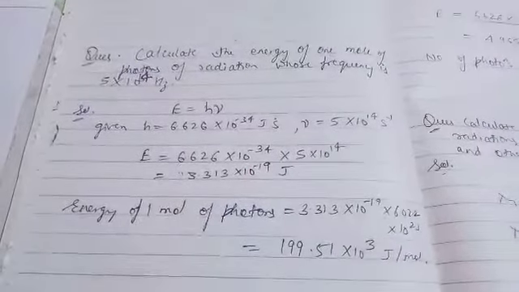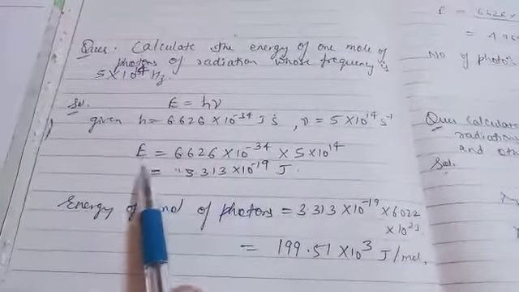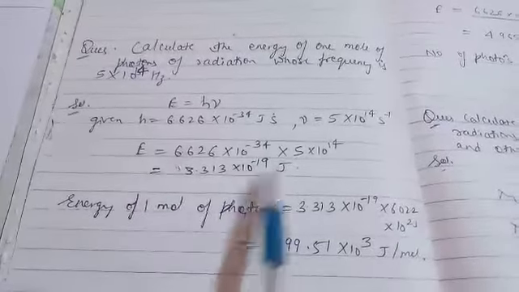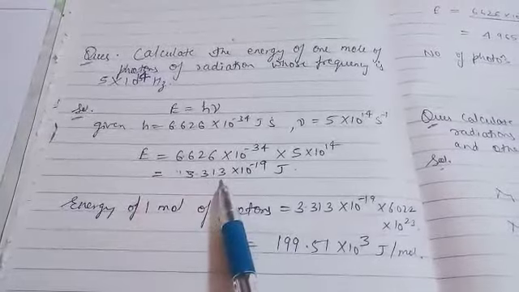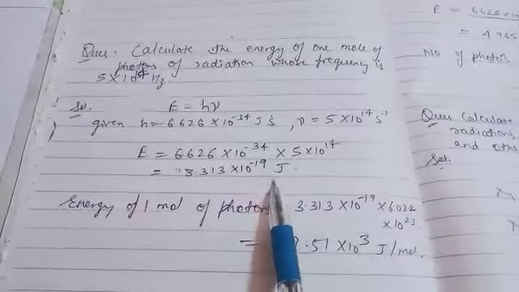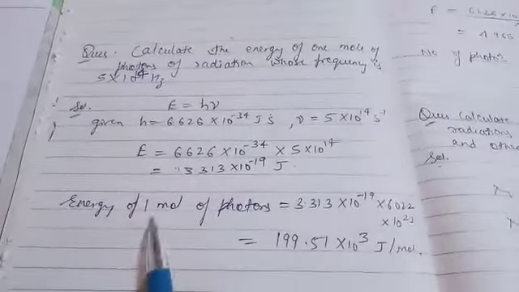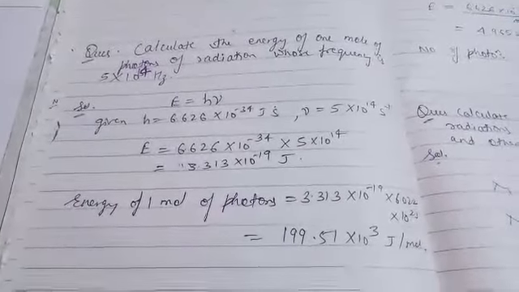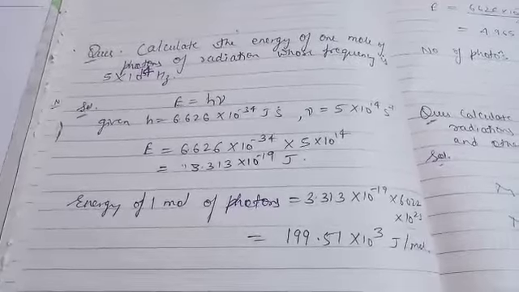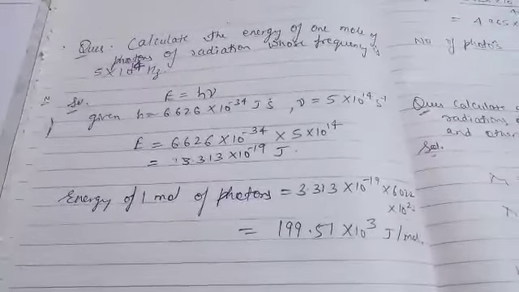Okay, तो उसकी consistency को maintain करें जरा. Okay, now just see, E is equal to this one. Now put values. After this your energy is 3.313 into 10 to the power minus 19 joule. Now energy of 1 mole of photons, I think you know, किसी भी चीज़ का अगर हम 1 मोल ले रहे हैं तो 1 mole of atoms is equal to 6.022 into 10 to the power 23 atoms.